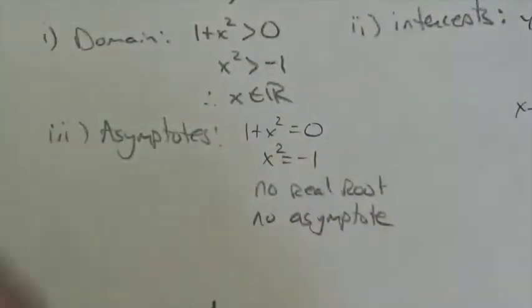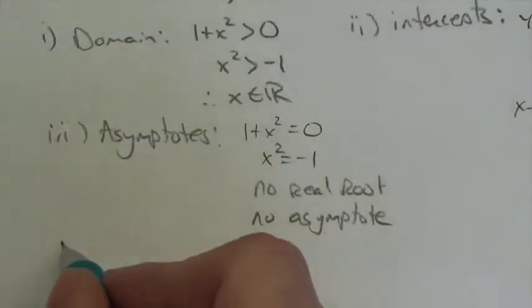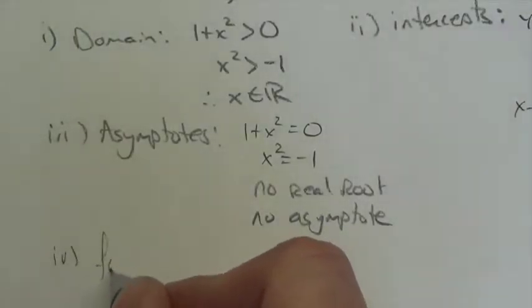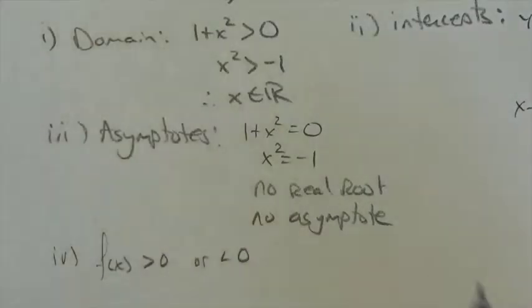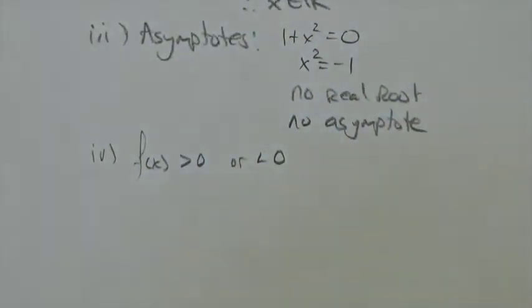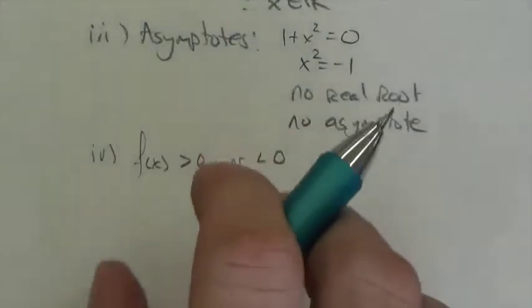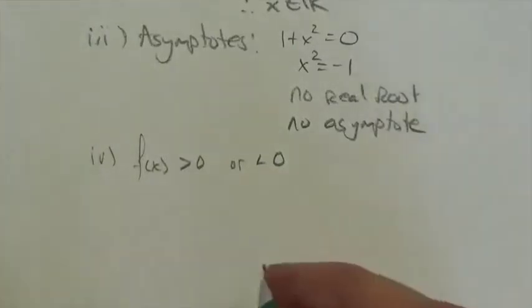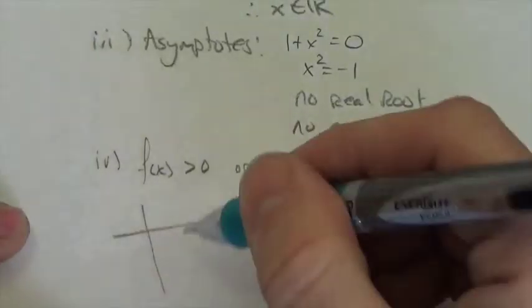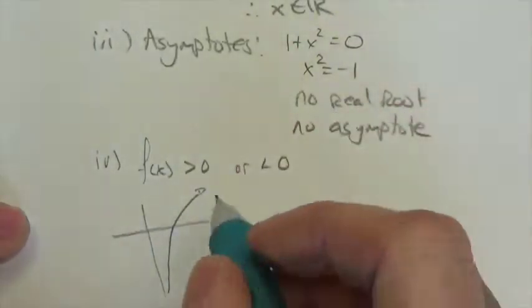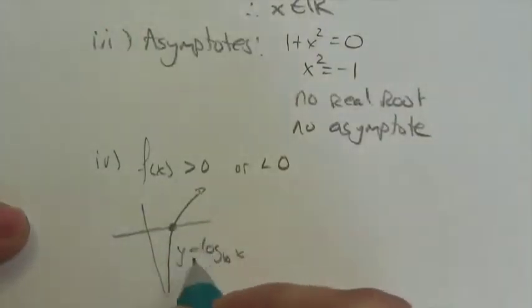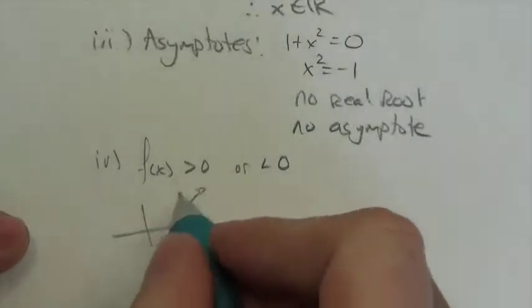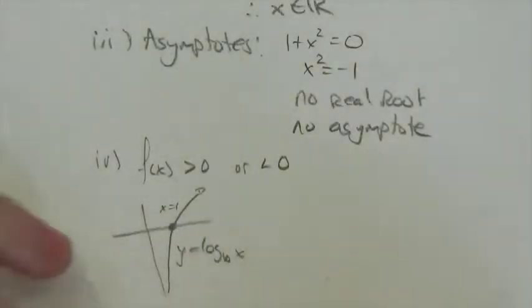Now we're going to take a look at where the function itself is positive or negative. I want to know where f of x is going to be greater than 0 or less than 0. Not that this is 100% necessary to graph these things, but it gives us a sense of what's going on. If you think back to what a regular logarithmic function looks like, y equals the log base b of x, it jumps above the x-axis when x is equal to 1.